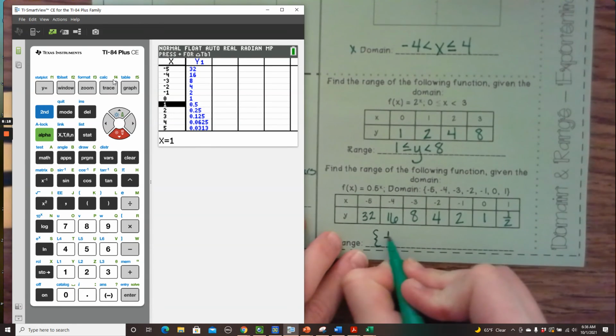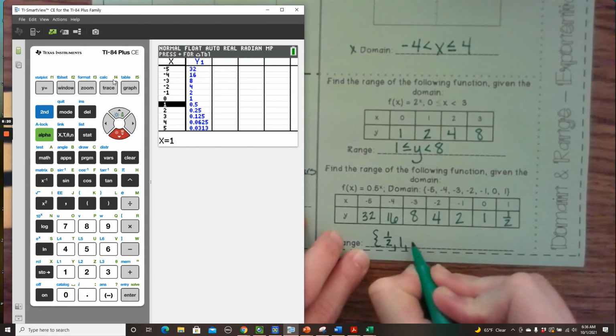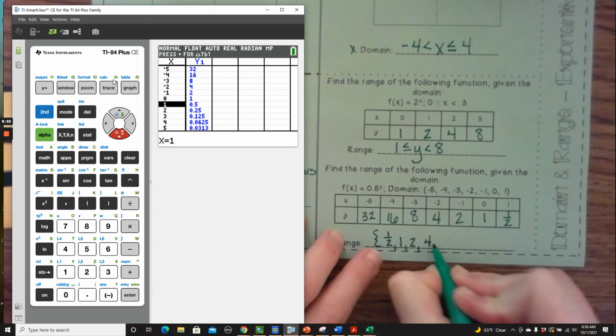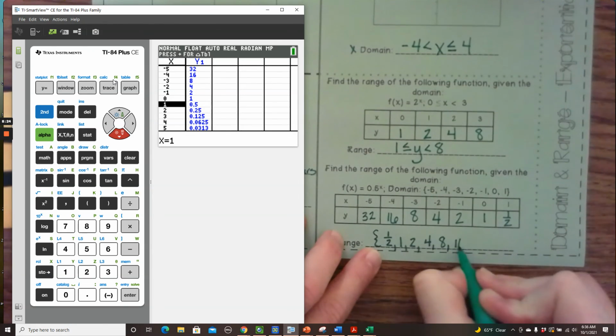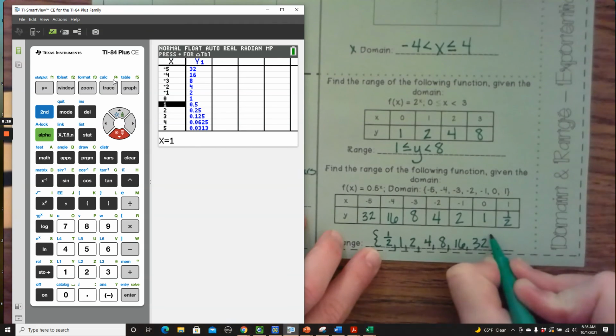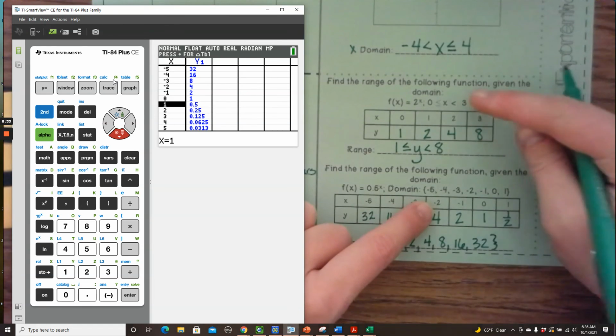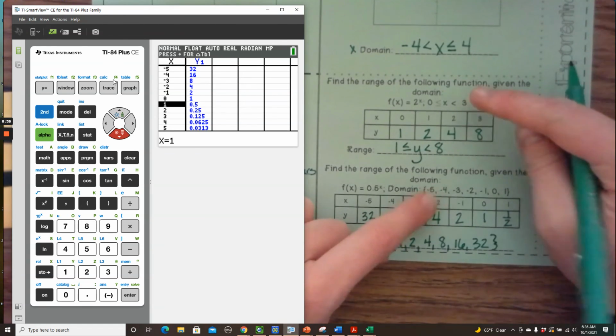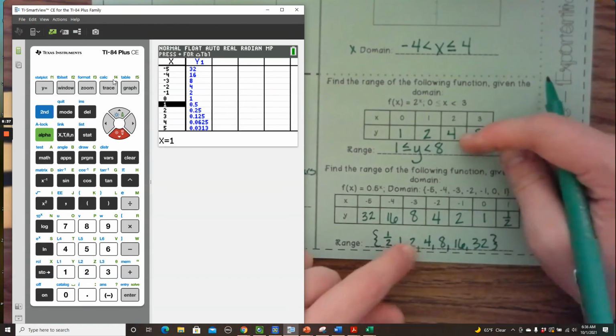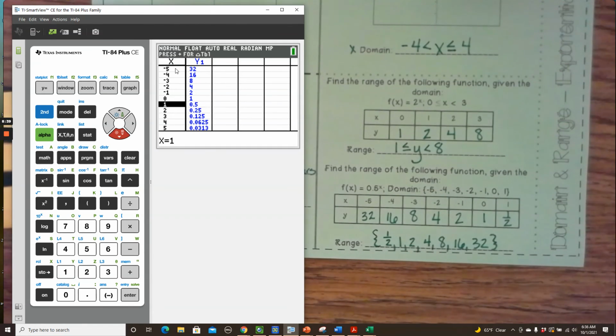I'm going to write them in numerical order. So 1/2, 1, 2, 4, 8, 16, and 32, and write them using those brackets. So it's very important to understand the different parameters and how you need to write the corresponding domains or ranges when you see those parameters.